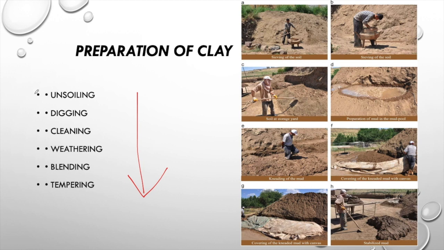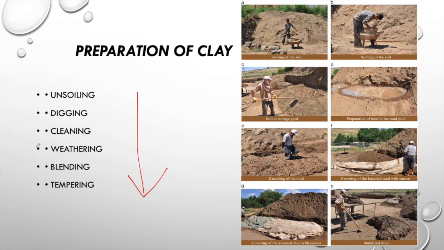First of all, unsoiling. In the unsoiling, the top 15 centimeter layer of the earth is scraped off, and then the material, that is the clay particles, is taken out from the earth, and this is done by digging. Then sieving, that is the cleaning of the raw material or the clay particles in the dried form, and then we will lead to the weathering of this raw material.